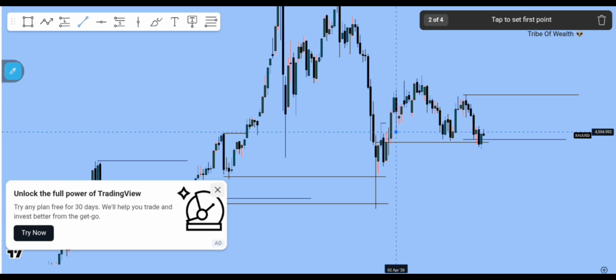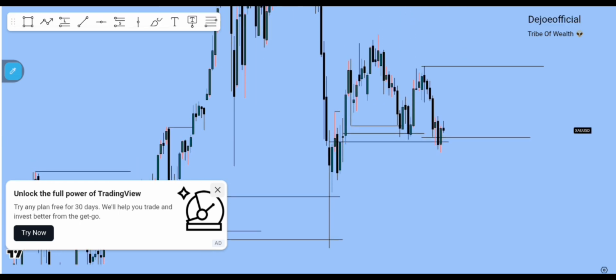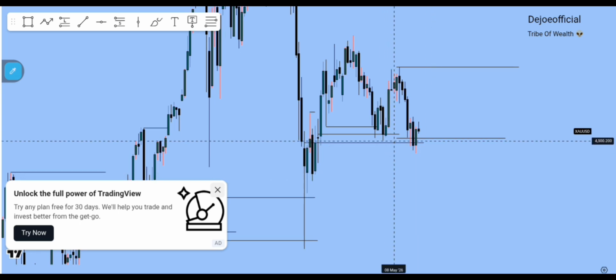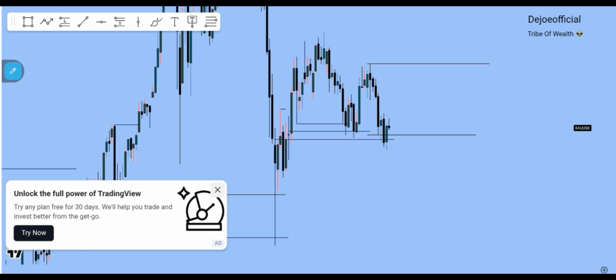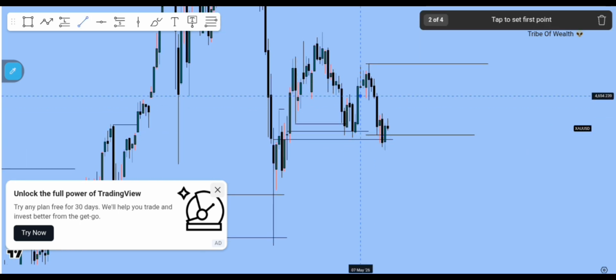Let's see below this particular order block, and you can see price actually came to react from it, and then it also gave me a market structure shift here after reacting from the first zone.